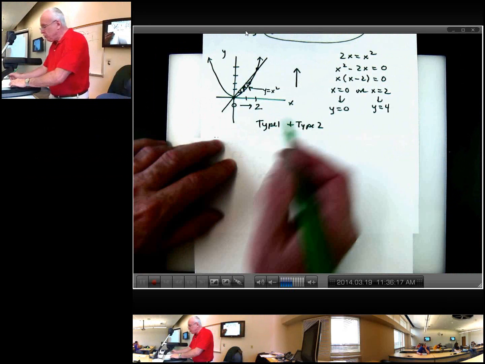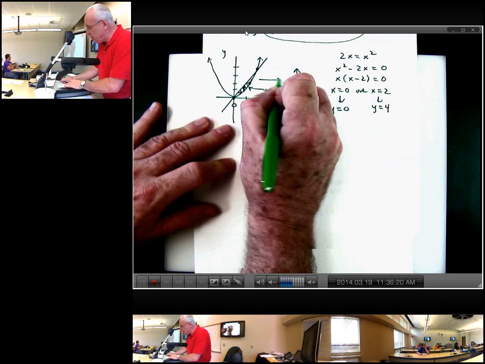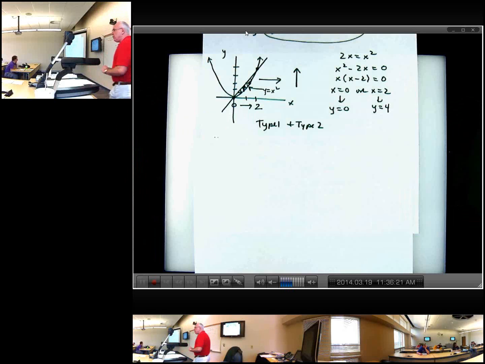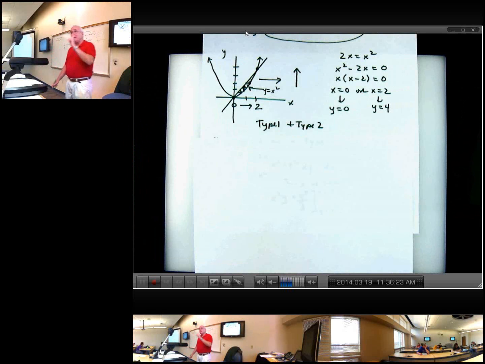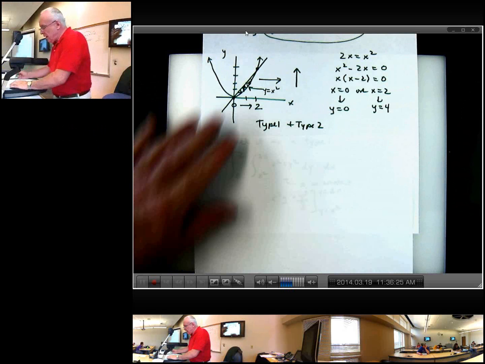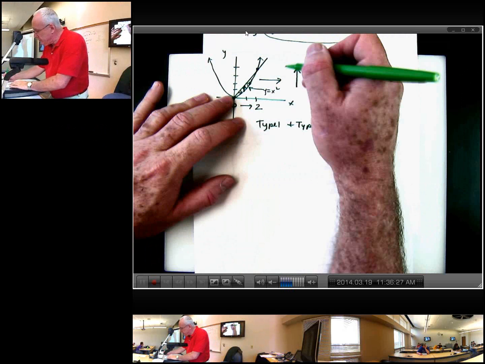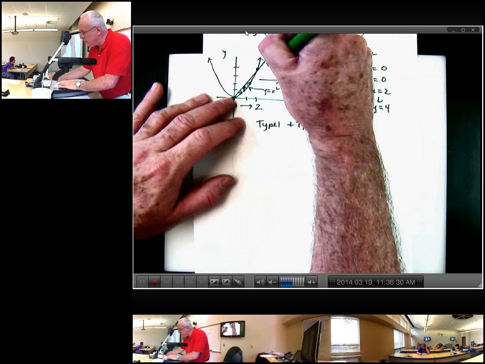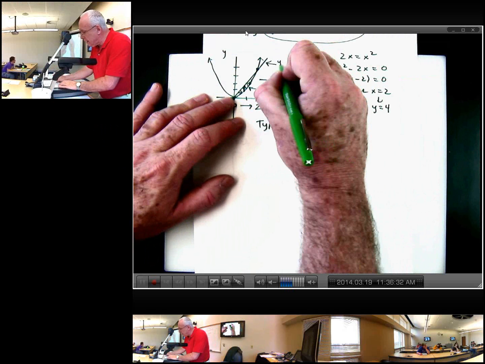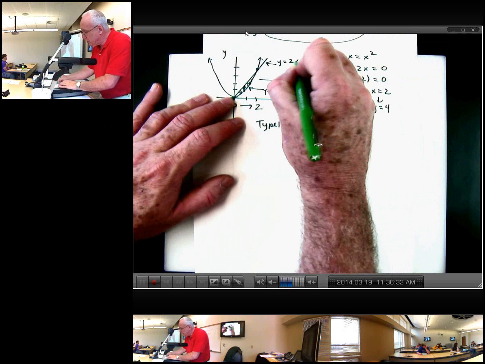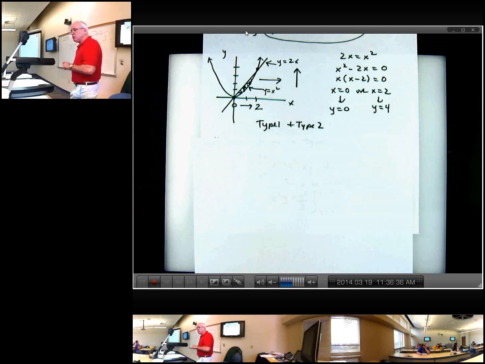Type 2 means we're integrating horizontally first, which means with respect to x. Now, this straight line here is y equals 2x. The curved line of the parabola is y equals x squared.